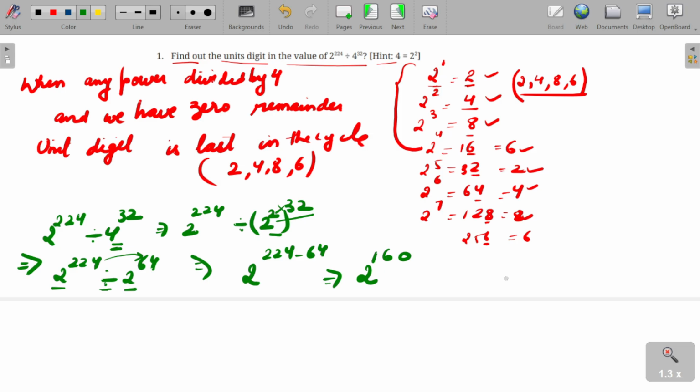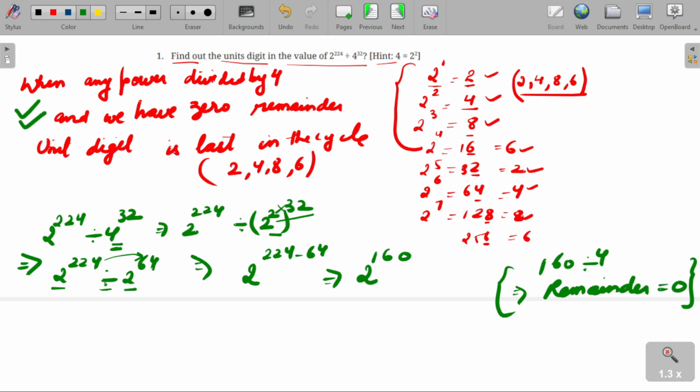Now divide 160 by 4. See, what will be the remainder? The remainder will be 0. And now we will apply this rule: when you have 0 remainder, then the unit digit will be the last in the cycle.